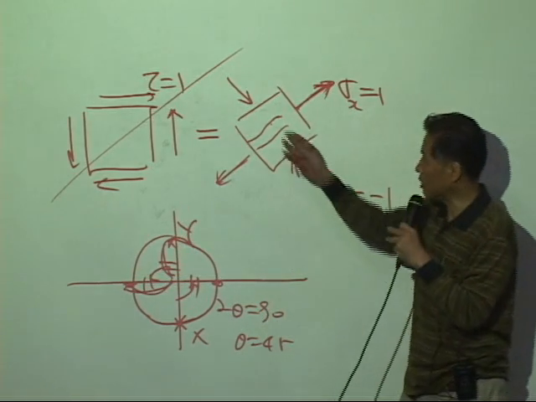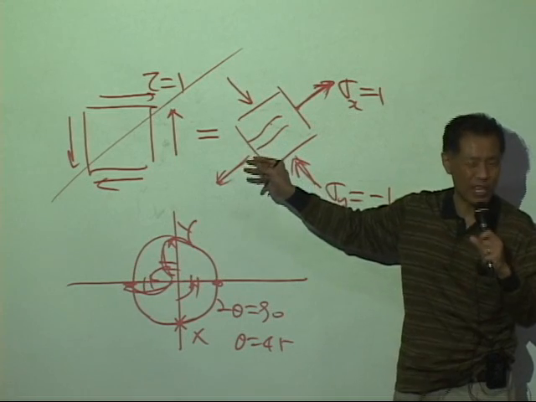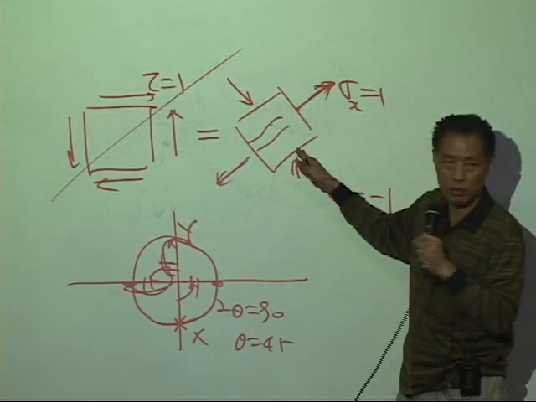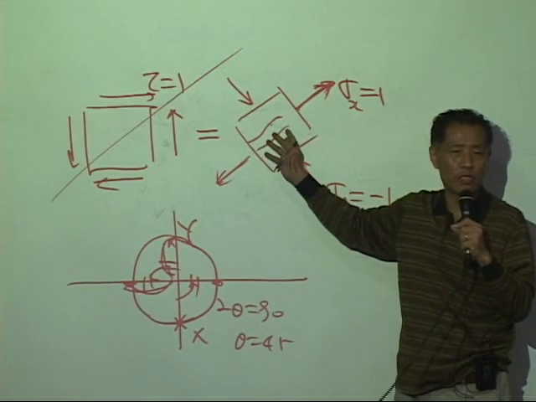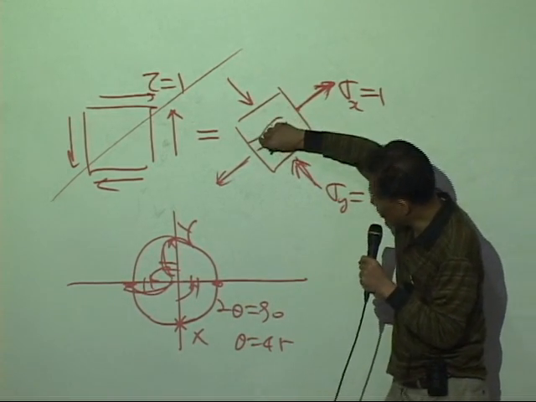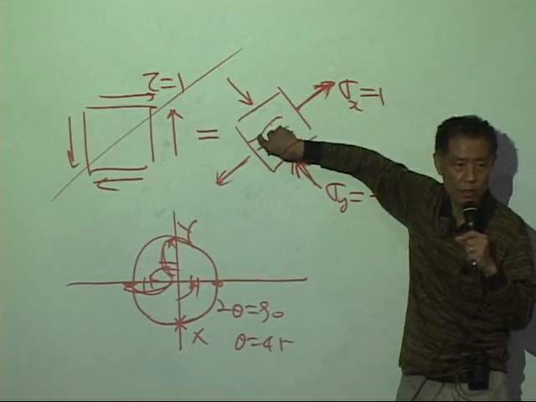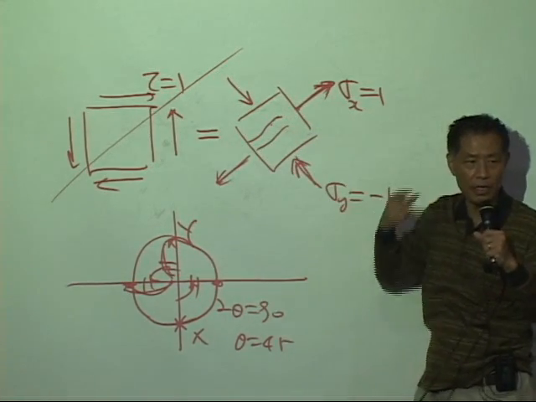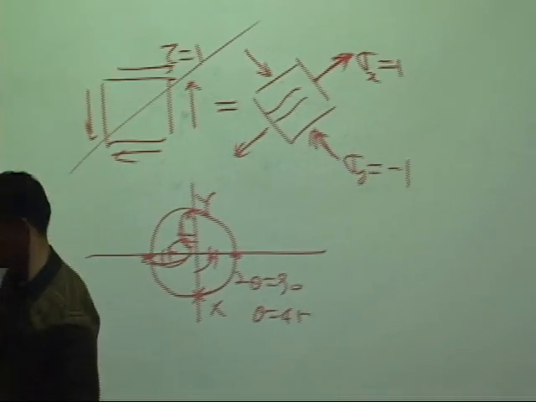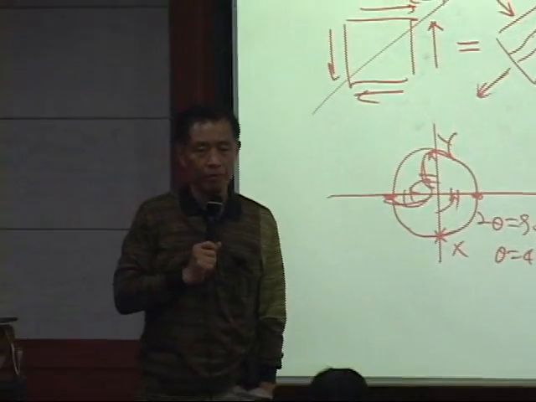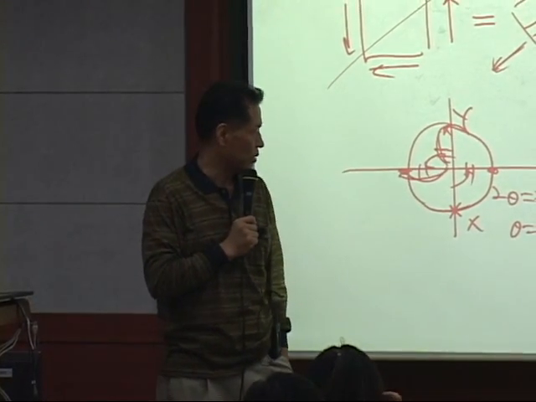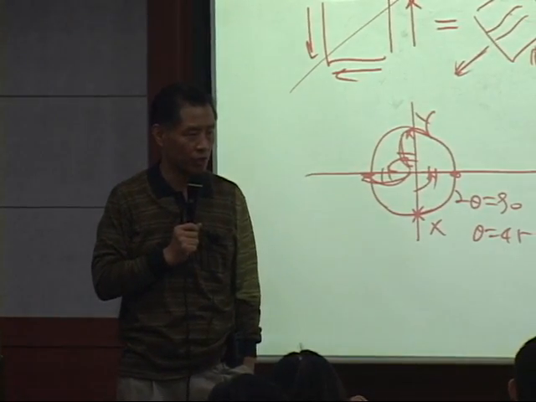If the material is very weak in tension, this one will break this way. If this material is very weak in compression, then this material will collapse in this way, right? So anyhow, as you can see, you should be able to transform stresses.